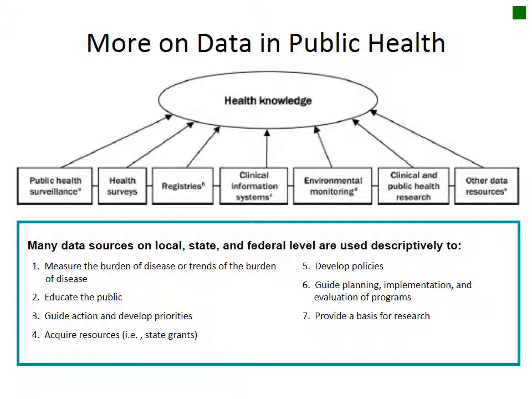More data that gives us not only varying perspectives, but a unique perspective on the health status include public health surveillance, again, surveys at the local, state, and national levels, like the Behavioral Risk Factor Survey and NHANES, and registries, cancer registries.